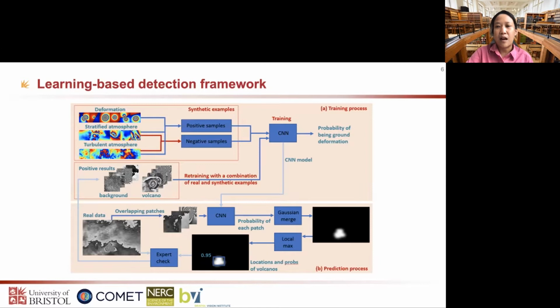The negatives are combinations of atmosphere only. We employ a convolutional neural network, or CNN, to classify these two signals. After training, we use the model to run detection, and then the expert checks. The false results, like false positives and false negatives, are used with the synthetic samples to retrain the model.